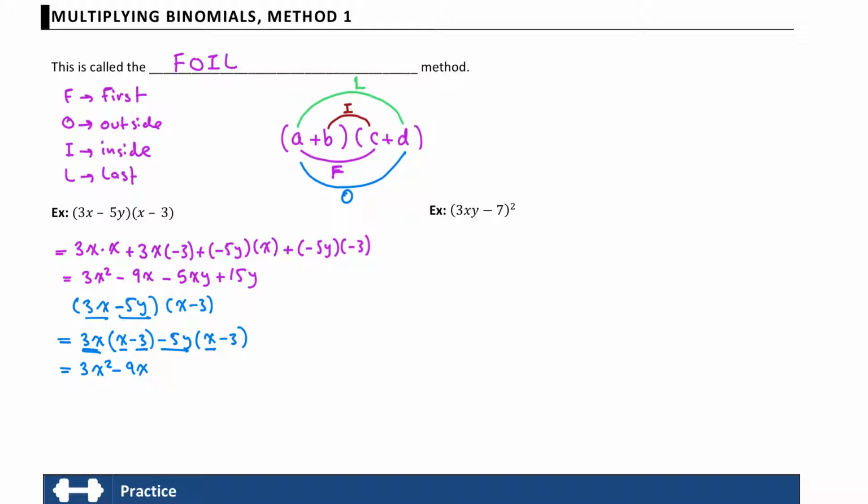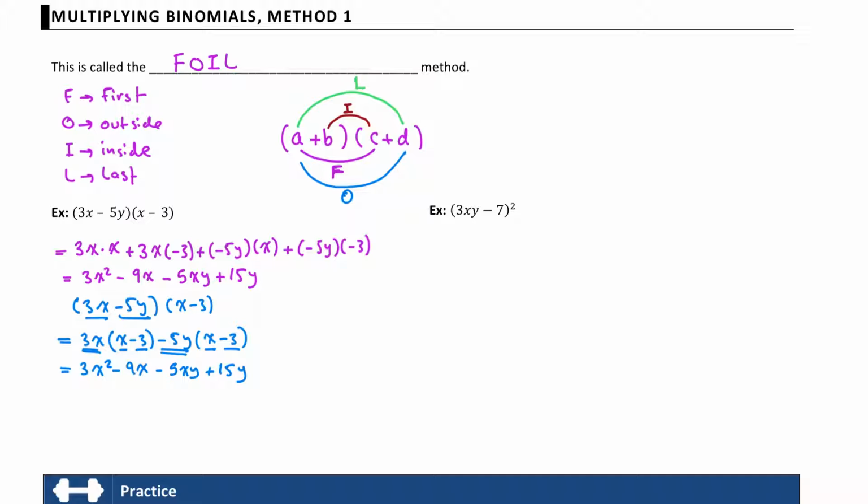Negative 5y times x gives me negative 5xy. And negative 5y times negative 3 gives me positive 15y. If we compare the two, I get 3x squared, negative 9x, negative 5xy, and positive 15y, which is exactly the same. Excellent.